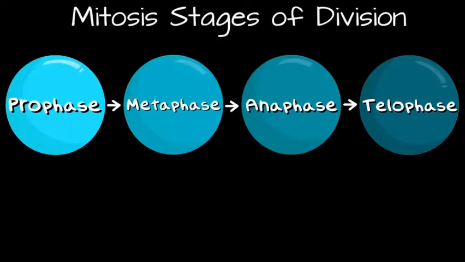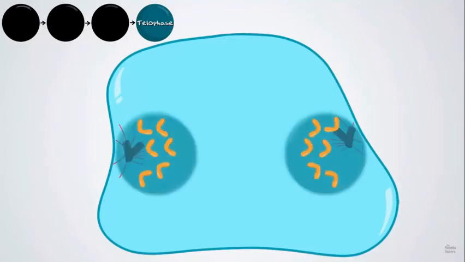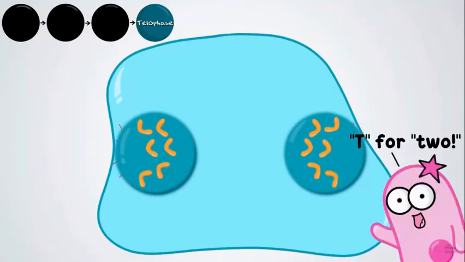The last stage of mitosis, think T for telophase. In telophase, the chromosomes are actually at the complete opposite ends, and new nuclei are forming on each side to make these two new cells. The nuclei are starting to surround the chromosomes on both sides. I like to think of the T for two because you can really see in this step that the end goal is going to be two cells.